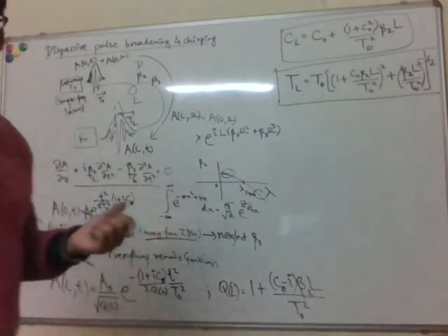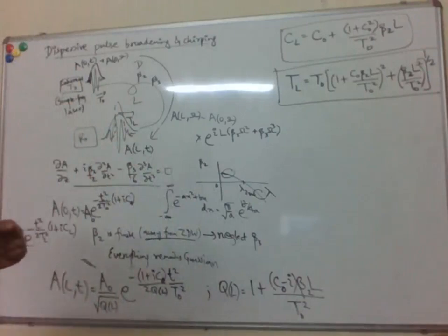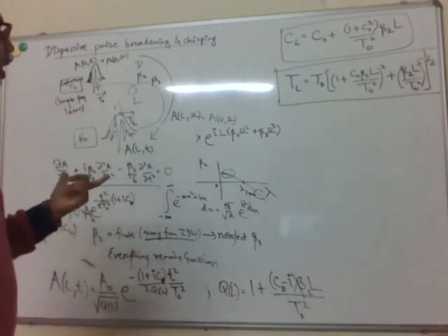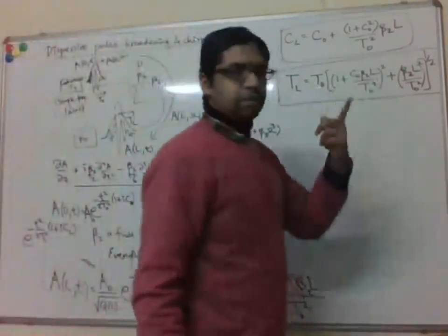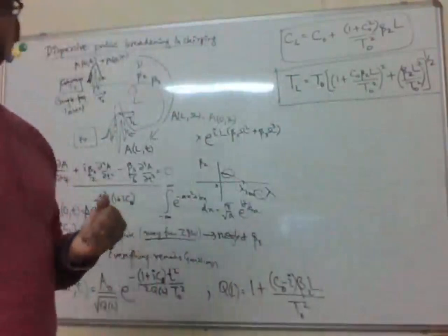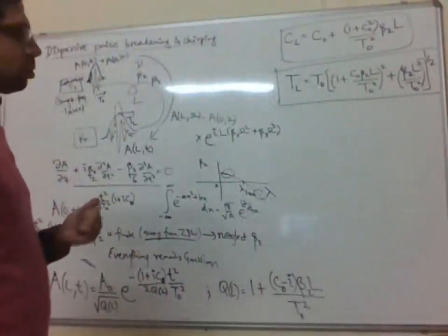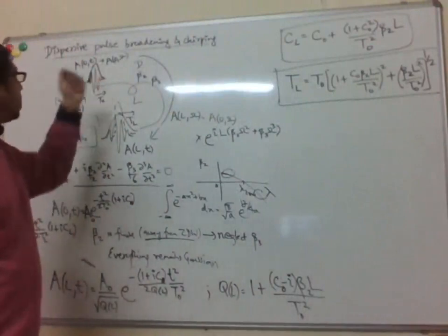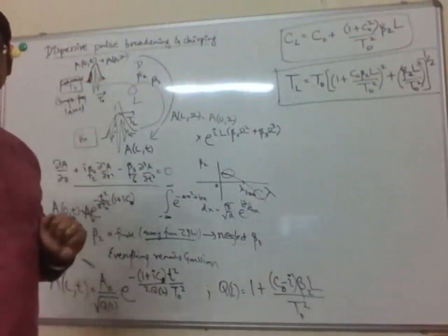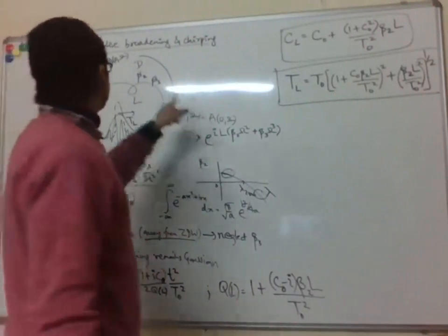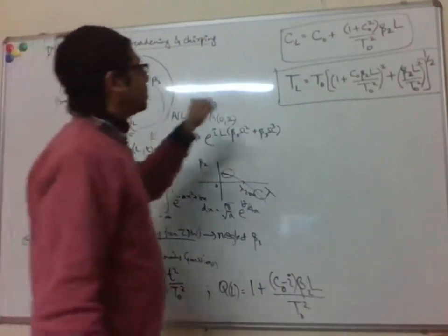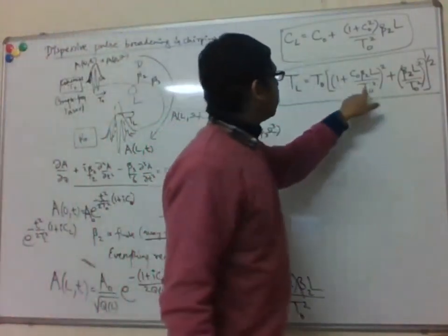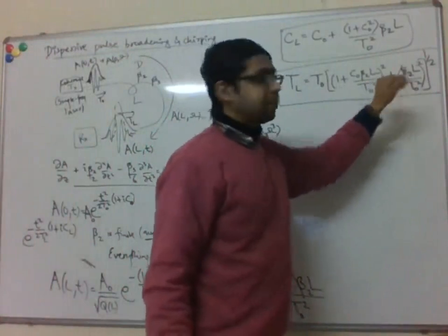When we considered an incoherent source with some finite bandwidth, then we just saw that the broadening in the pulse just depends on this beta 2 times L times the bandwidth of the source, delta omega, right? So that is independent of the pulses or the data rate you're using here. But in this case, for coherent sources, you can see that the output pulse width depends on the input pulse width also, in addition to the fiber parameter.